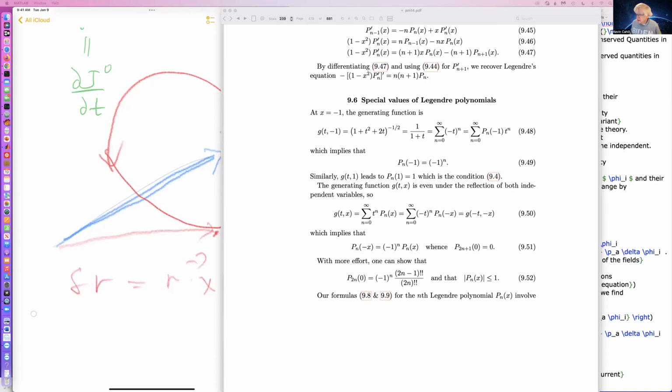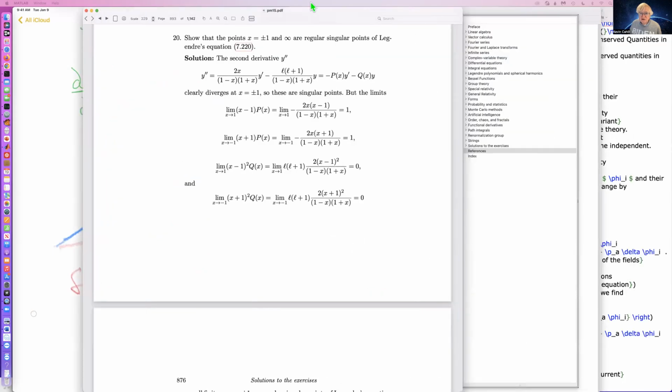So let me just do some examples here. The first one that I thought of doing was, let's see. All right, so the first was here, let me show it to you on the screen here.